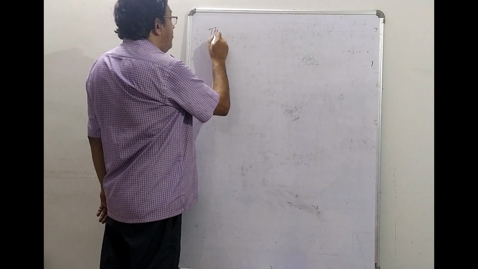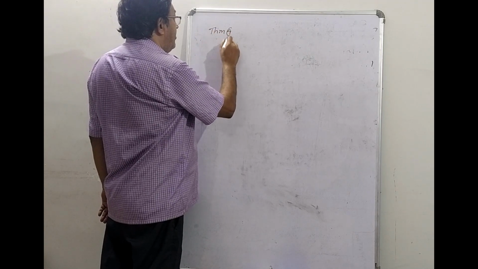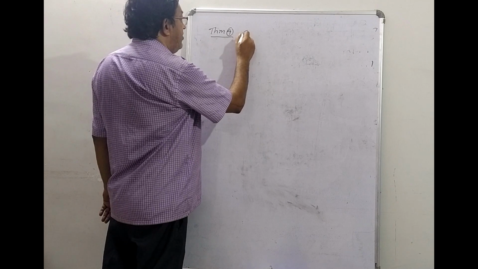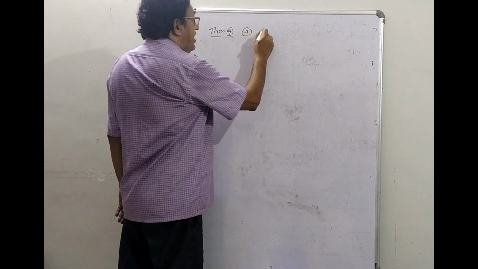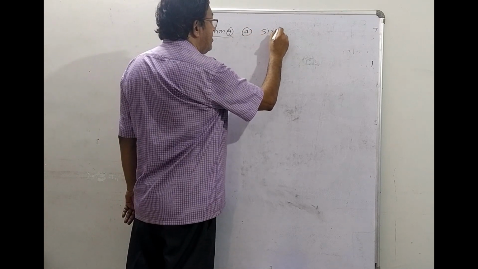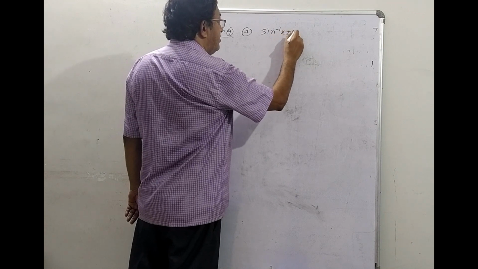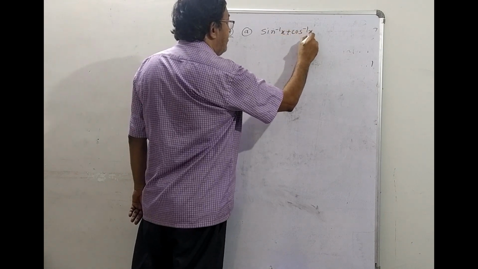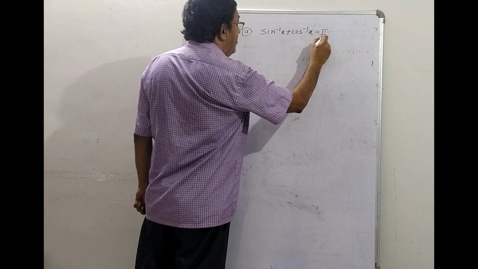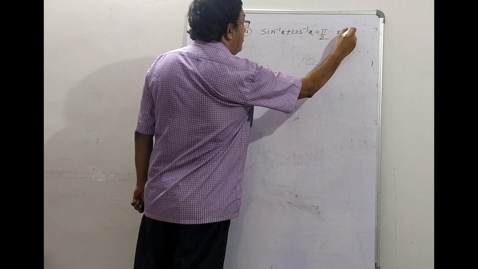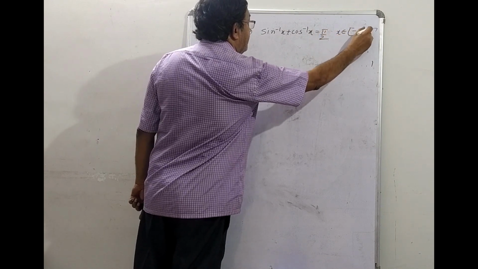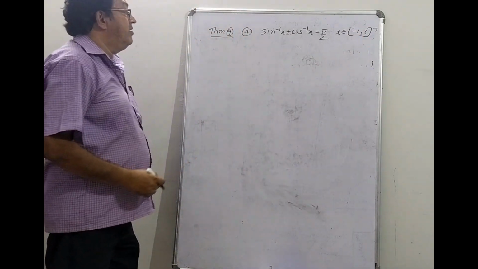So theorem number 4, again I will first write all the three parts. First part: sin inverse of x plus cos inverse of x equals pi by 2, where x belongs to minus 1 and plus 1. This is your first part.